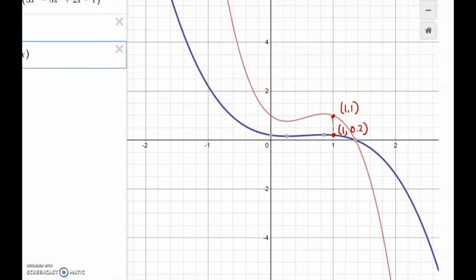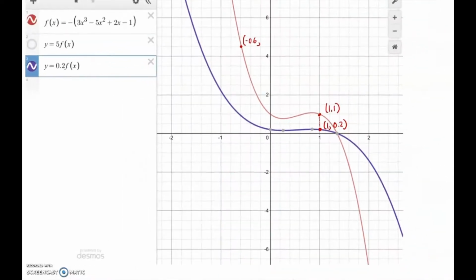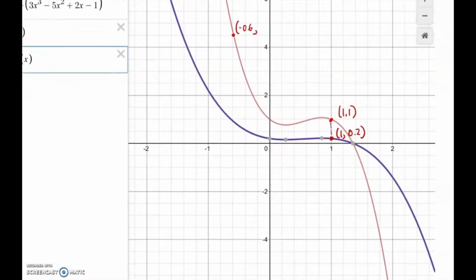Let's take a little bit higher. Let's take this point here. So this point would be, let's see, 1, 2, 3. That is negative 0.6 for an x value, and 4.5 for a y value.